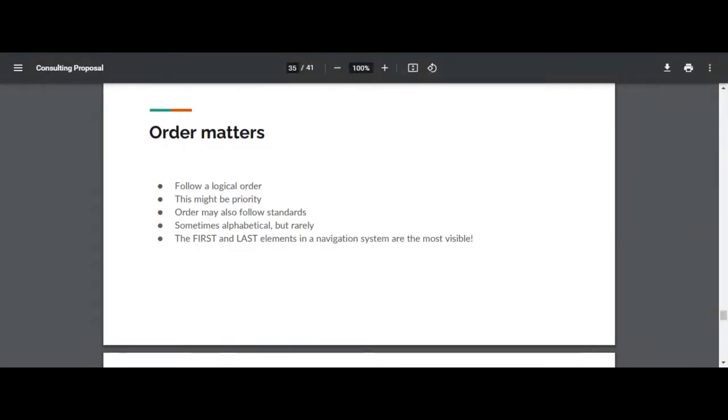But the beginning and the last are what people will see the most. So your first and last items on your navigation will be more noticed. So perhaps you may want to put a very important item last in your navigation too. But again, there's no one recipe, okay? But the research says the first and last are most often seen.